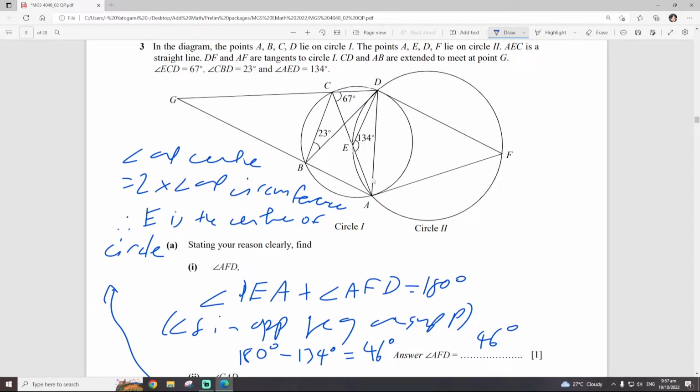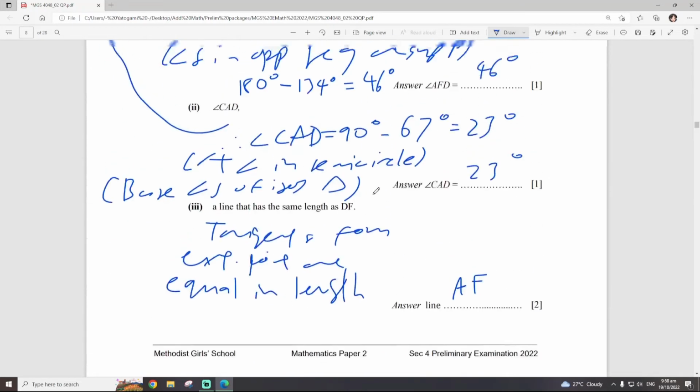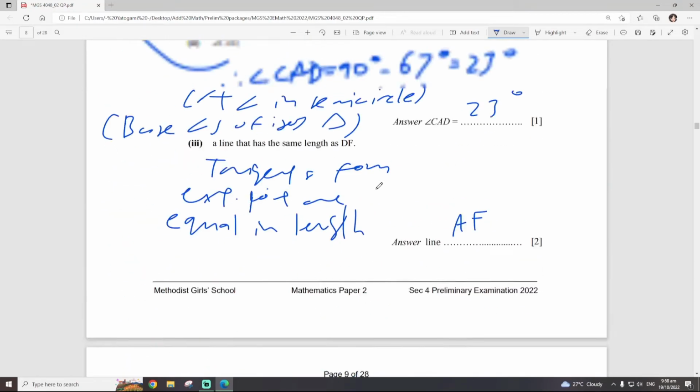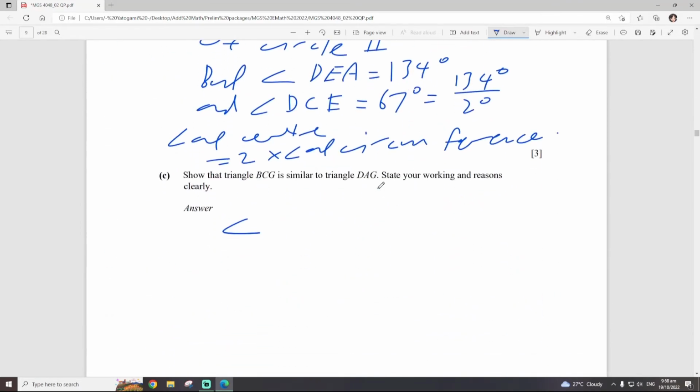And also because of the angles of opposite segments are supplementary, I can show that this angle and this angle must be the same. Okay. So angle BGC is common.